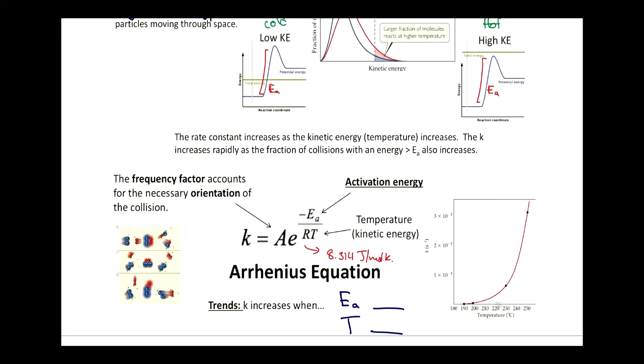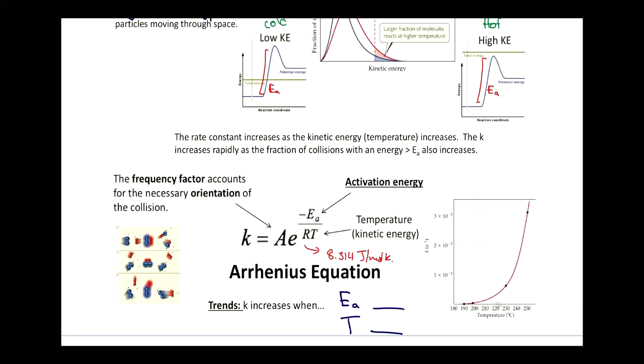And then finally, there's a temperature in the denominator in that exponent. So what we see here is that as temperature increases, this whole fraction becomes a smaller negative number. And if you have a small negative number taken to the exponent, you actually get a bigger number out.